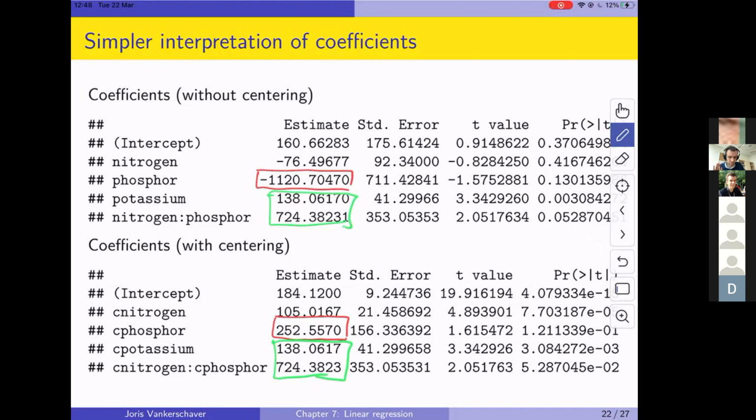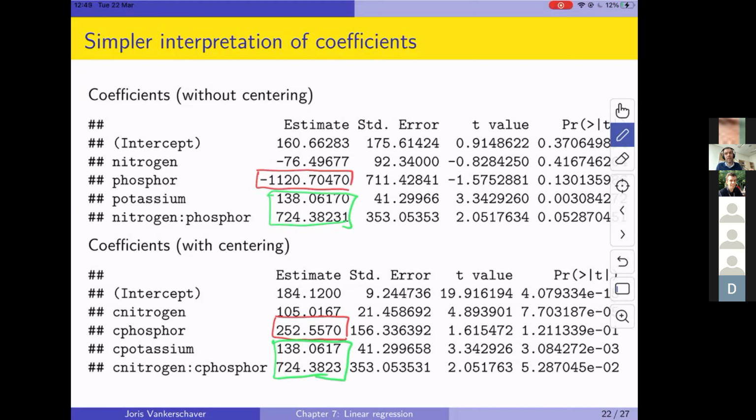Maybe I'm going a bit too far, but assuming that our data are not perfectly collinear, normally we would not expect this mean shift to have any effect on the coefficients. We would expect to see exactly the same coefficients.